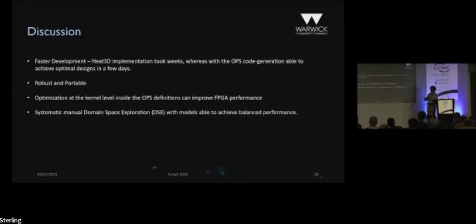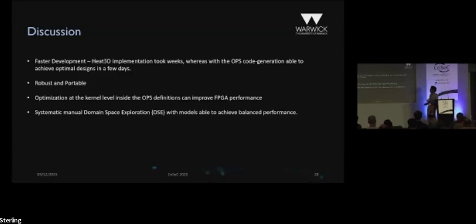So finally, with this code generation approach, we notice we can develop faster. For example, for the heat diffusion application, the handwritten code took me more than a month to develop, but with code generation, I could do it in 4 or 5 days.